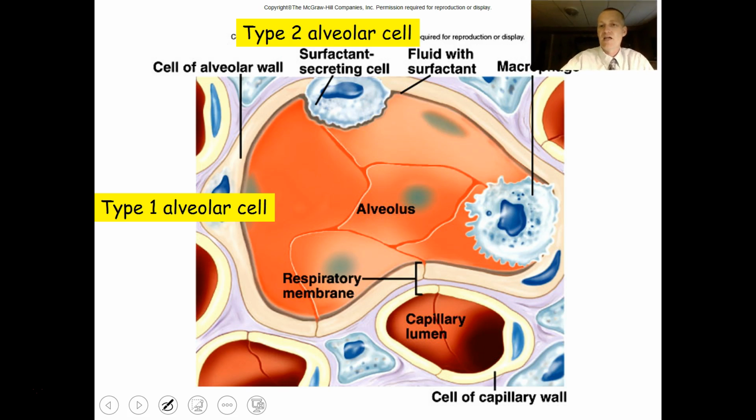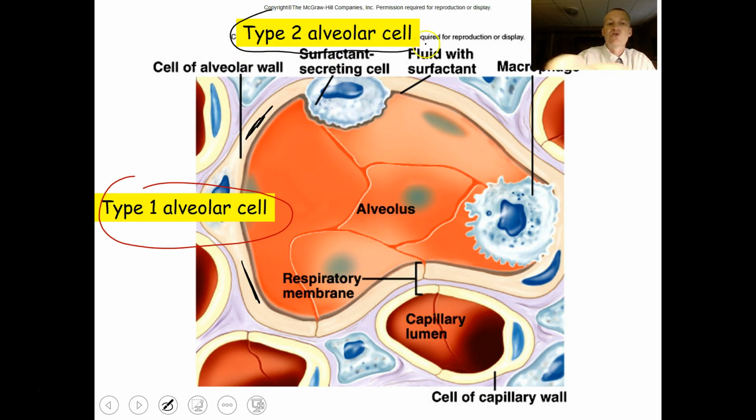If you look inside of the alveoli, you're going to see that they're made of type 1 alveolar cells. These particular cells are going to make up the walls of the alveolus. There's also type 2 alveolar cells, and these are cells that secrete that surfactant, that oily chemical that doesn't allow the air sacs to stick together.